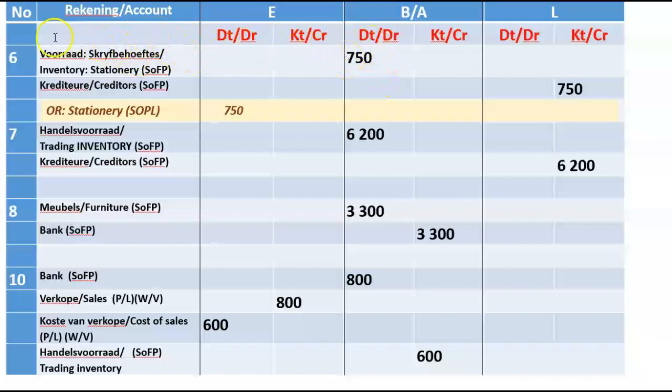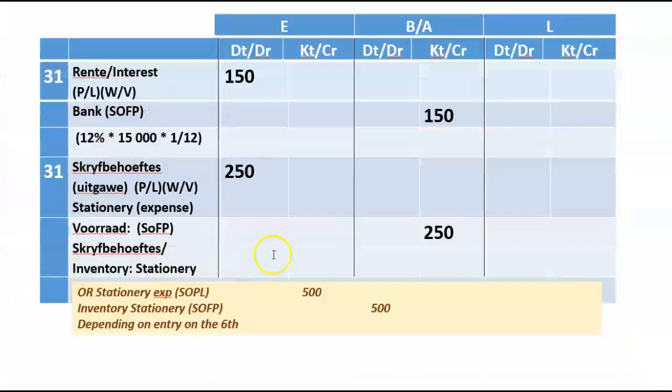So we cannot show an asset of 750 Rand, we can only show an asset of 500 Rand at month end. Therefore, we have to reduce our asset with 250 Rand, and that will then equate to the stationery that we've used during the month, which is an expense account, 250 Rand.